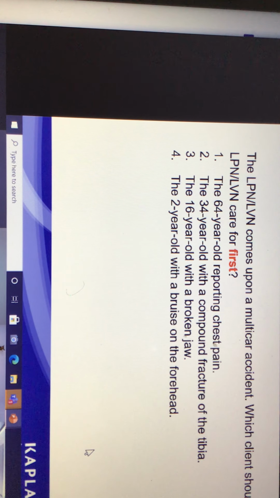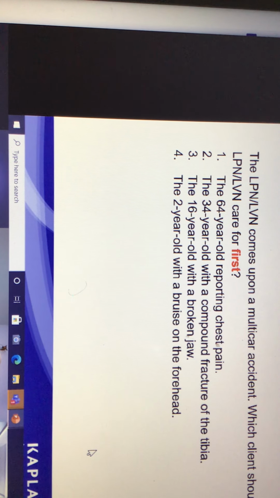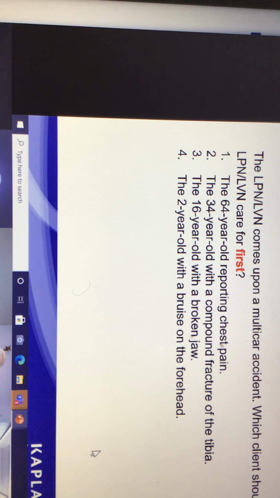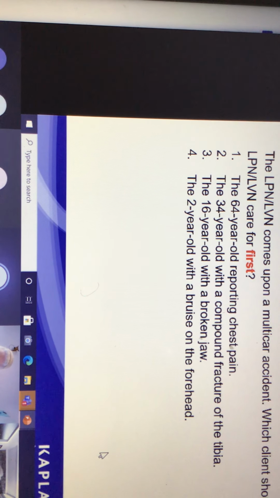Okay, so now, with what you just said, which one do you think you would go with as your answer? Or which ones are you going to get rid of? Whichever way you want to do it. I would get rid of 2 and 4. We got rid of 4.